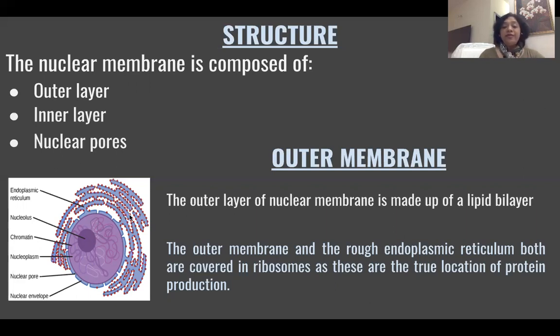Because of the presence of ribosomes, the surface appears rough. So that's why we say that the outer membrane appears rough. Both the outer membrane as well as the endoplasmic reticulum are the center where protein production can be seen.